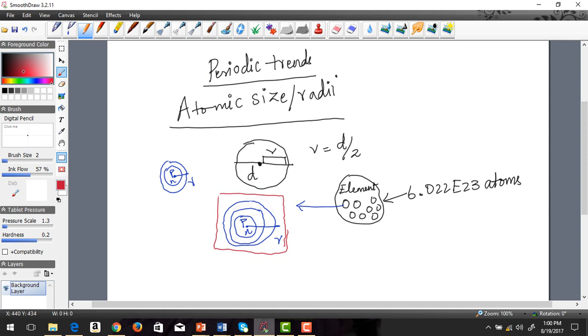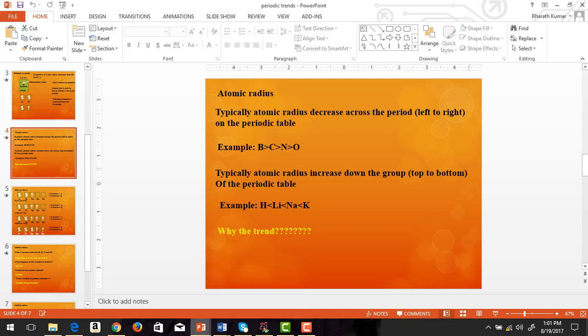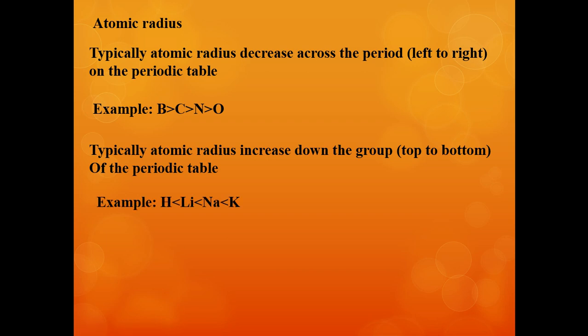I wish chemistry were that simple, but we're going to see in future workouts that it is not as simple as math, where something with a big radius is always big in size and something with a small radius is always smaller in size. But this is kind of what we're trying to get into. Now I'm going to show you a slide. I hope everybody can see it. I'm going to put all this on the screen.